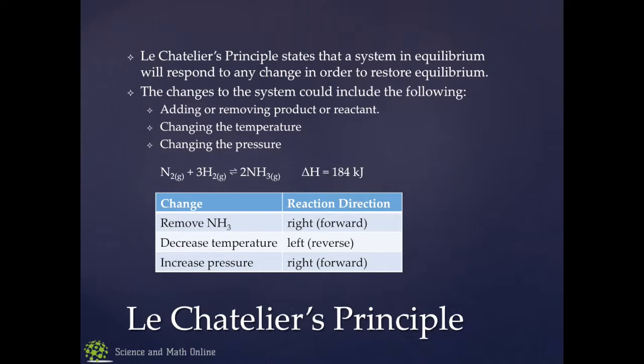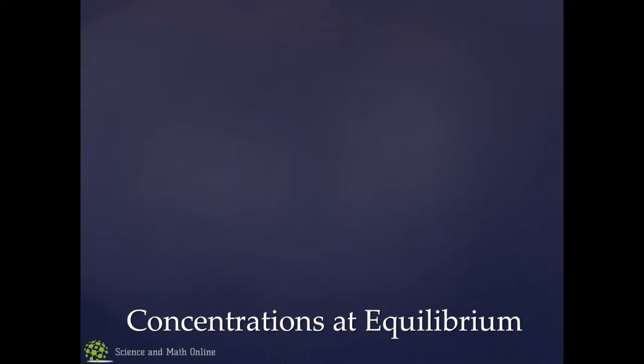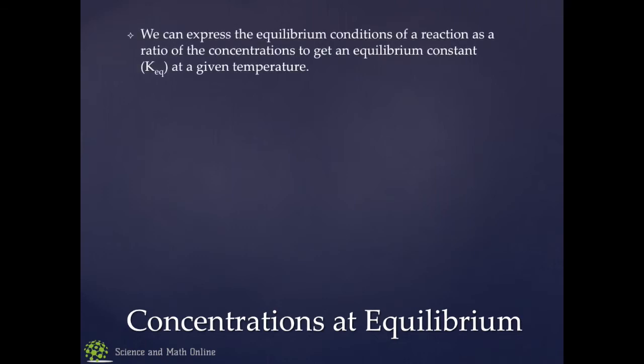All right, now in a slightly more technical sense, we need to talk about how we deal with concentrations at equilibrium. So we can express the equilibrium of a reaction by its equilibrium constant. Every reaction is going to have a KEQ. And KEQ is a mathematical expression of what's going on with that reaction.